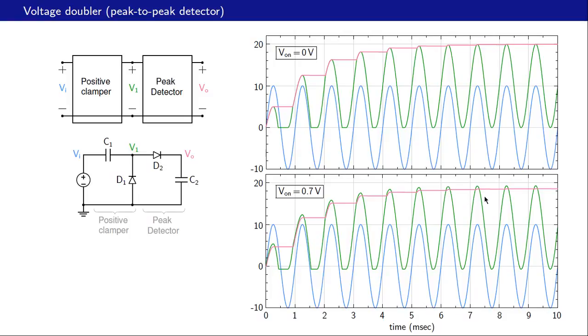Also, the peak detector does not detect the peak of V1, but its output is the peak of V1 minus 0.7. So we have two diode voltage drops involved, and therefore the output, the pink line here, is 2 Vm, which is 20 volts, minus 1.4 volts. The circuit file is available to you to run this simulation and look at the various waveforms.